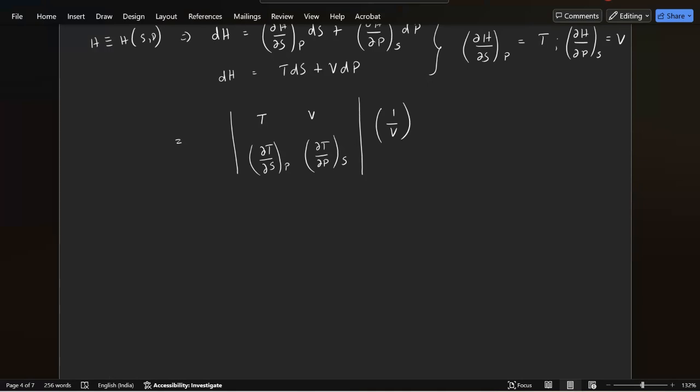So how do we figure that out? First, we need del S. Do you remember what is the formula for Cp?